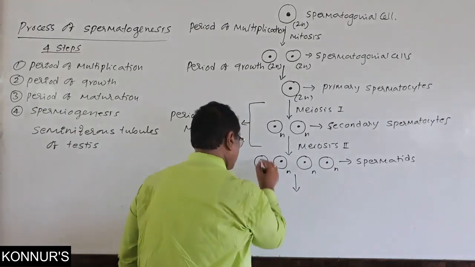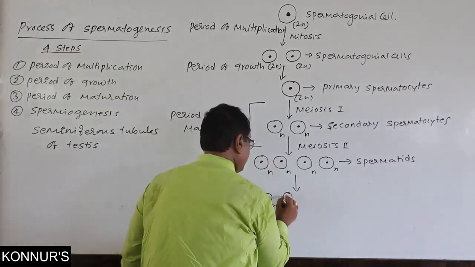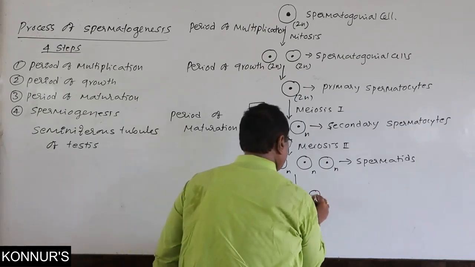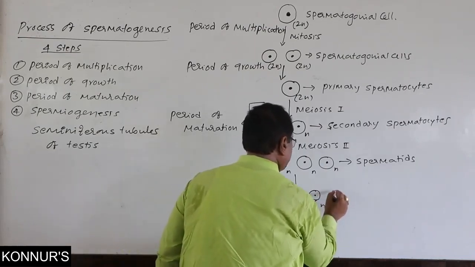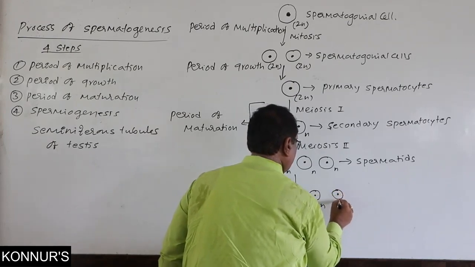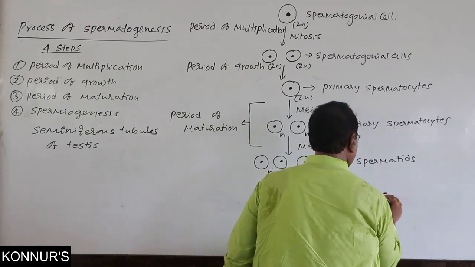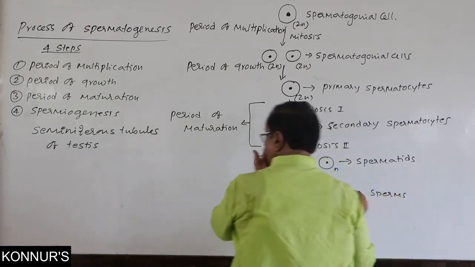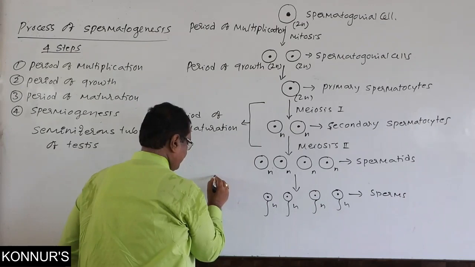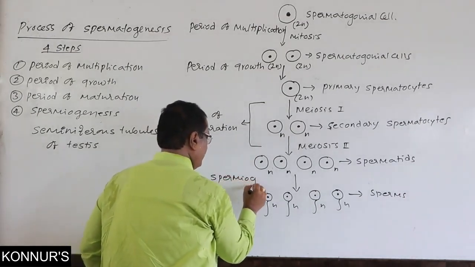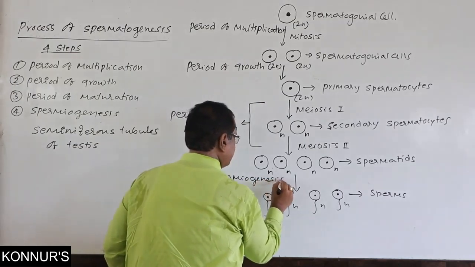From this haploid sperm, sperms are produced. And this step is named as spermiogenesis.